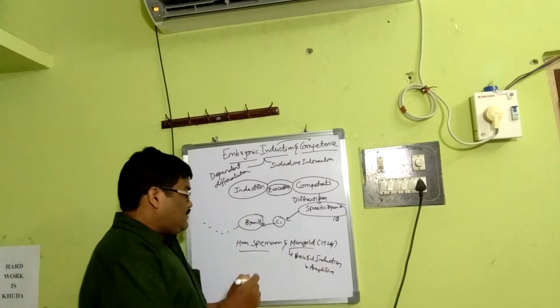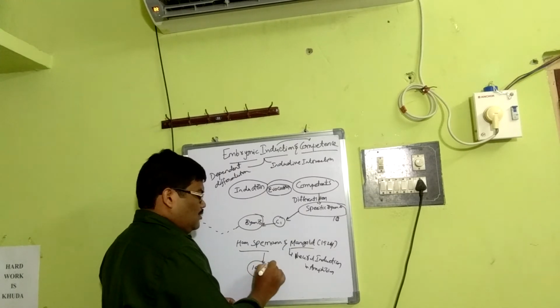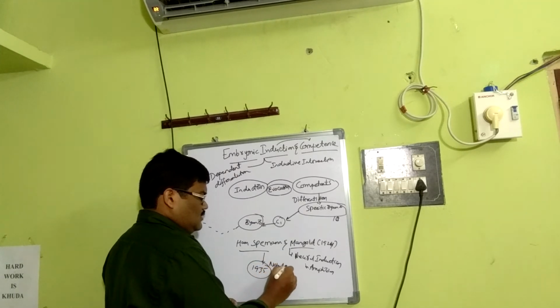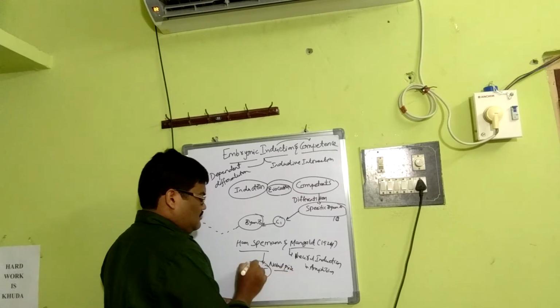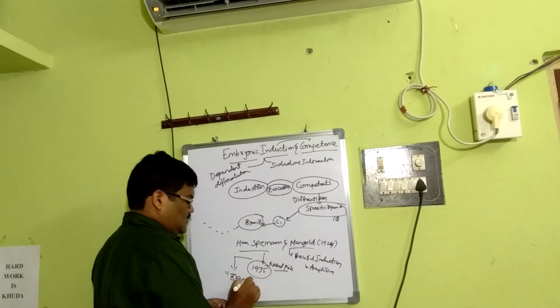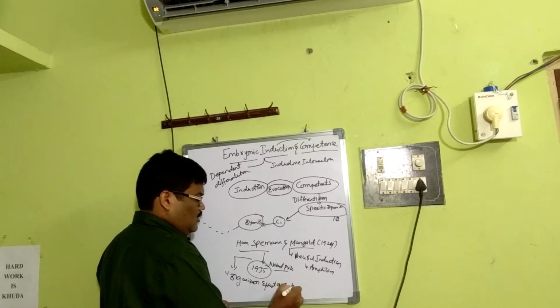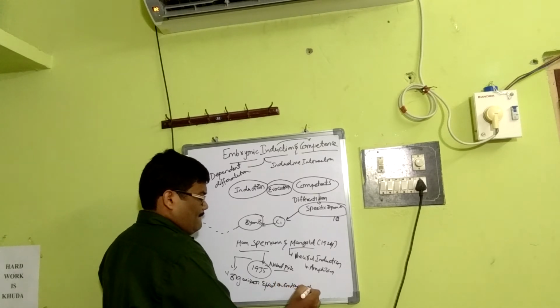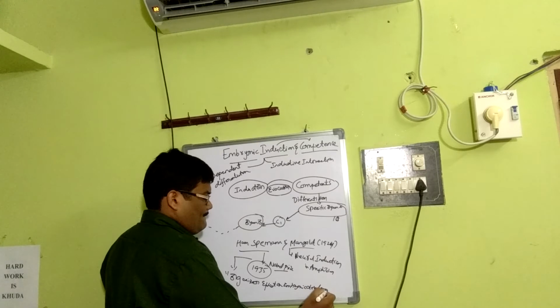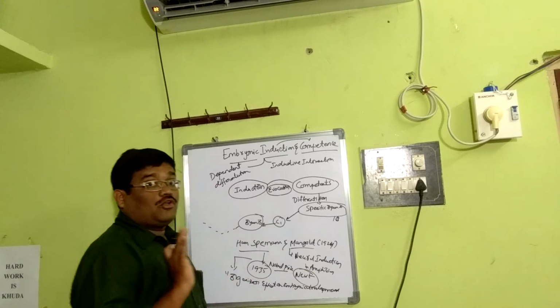And later on, Spemann in 1935 was awarded the Nobel Prize for his path-breaking organizer's effect on embryonic development, by using newt eggs. He didn't use frog eggs but newt eggs.